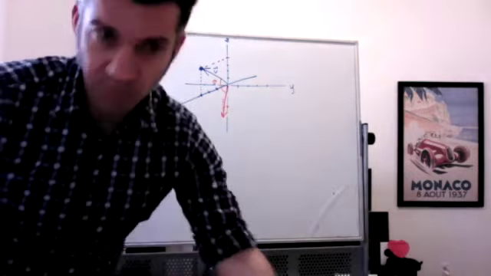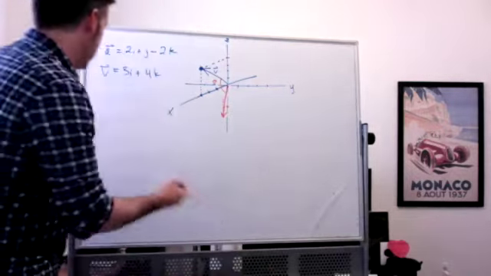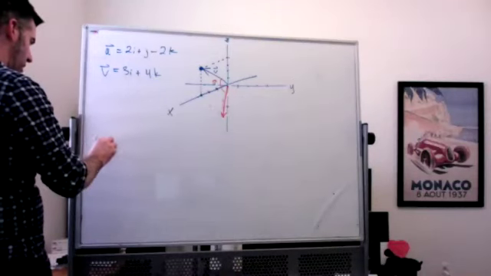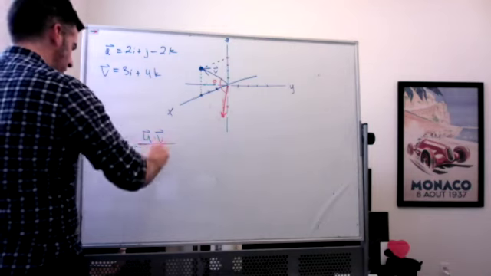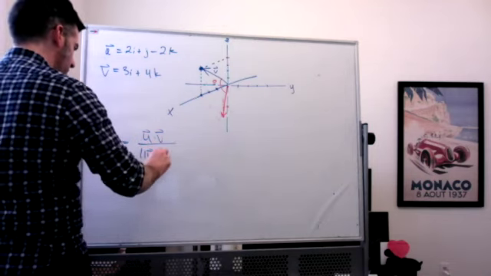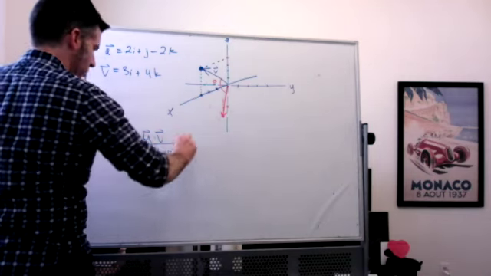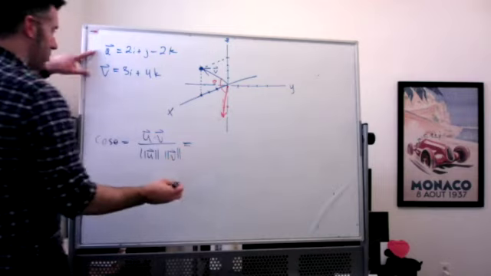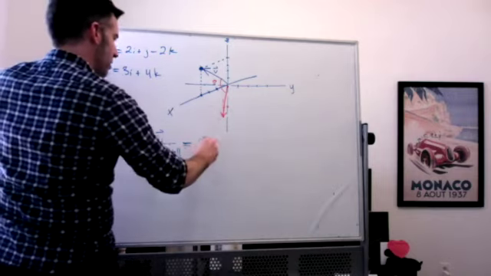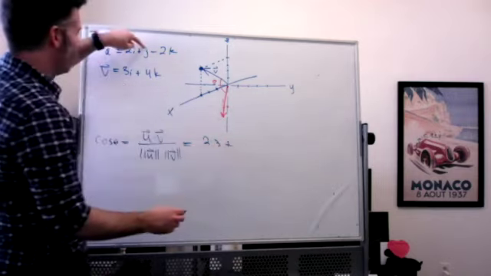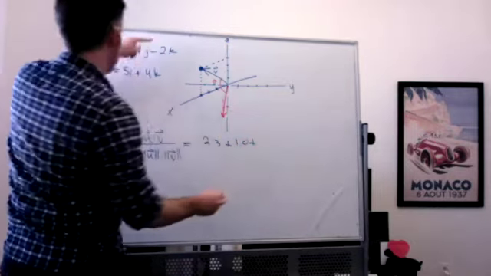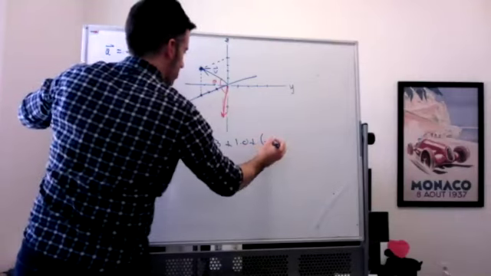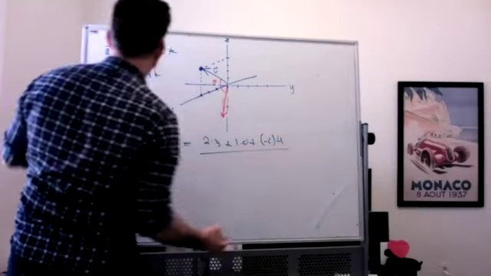The angle is super straightforward to find. We know that cosine theta is going to be u dot v divided by the magnitude of u times the magnitude of v. U dot v is 2 times 3 plus 1 times 0, because there's no j component here, plus negative 2 times 4, divided by the magnitude of u times the magnitude of v.